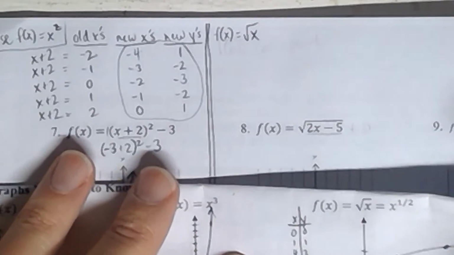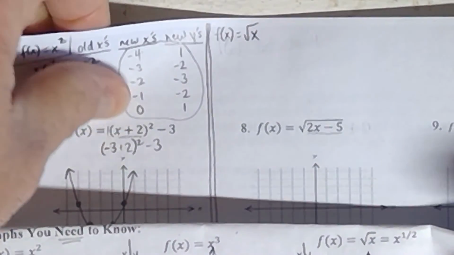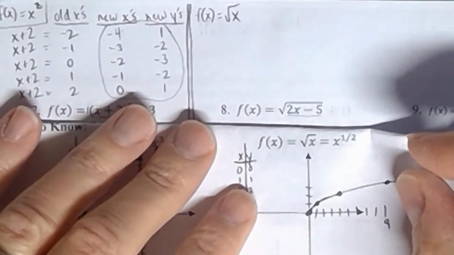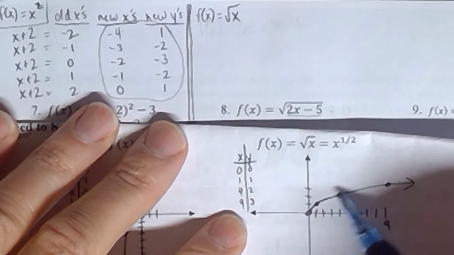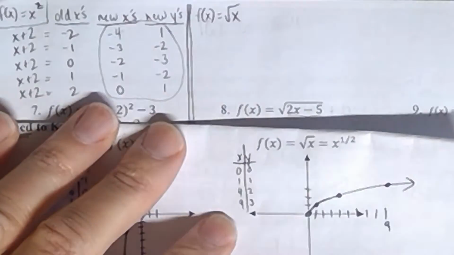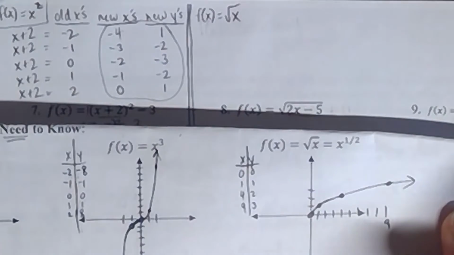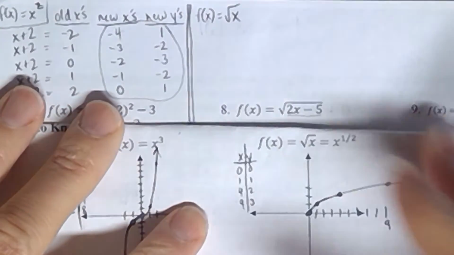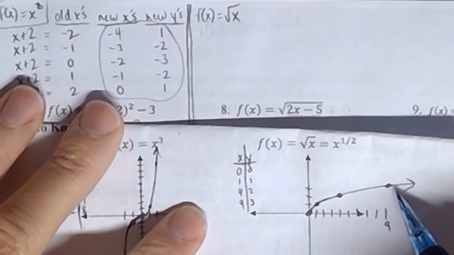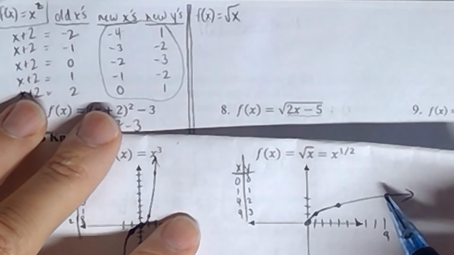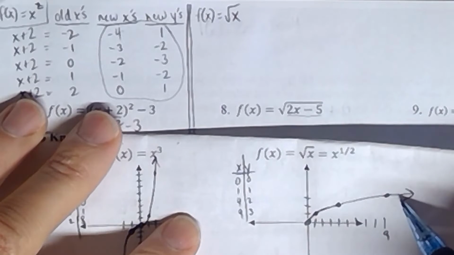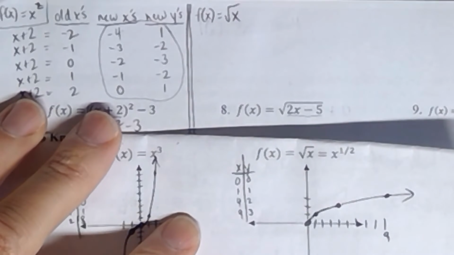Let me bring that up for you. So it almost looks like somebody took a parabola, turned it on its side, and then cut the bottom half of it off. Okay, that's what it looks like to me anyway. All right, but that's what's going on there. And so when we draw the final graph, it's going to be that same basic shape.